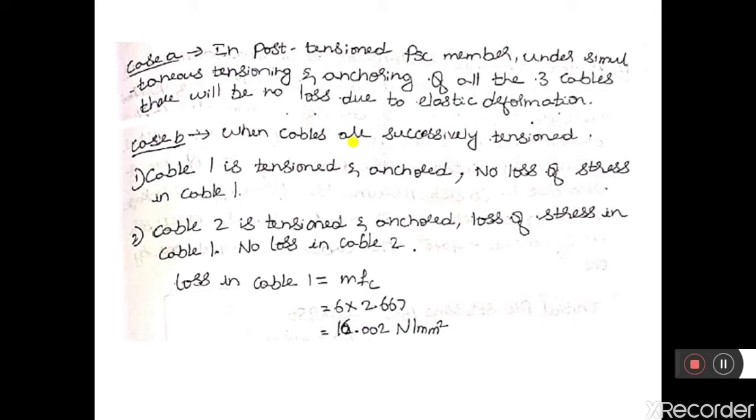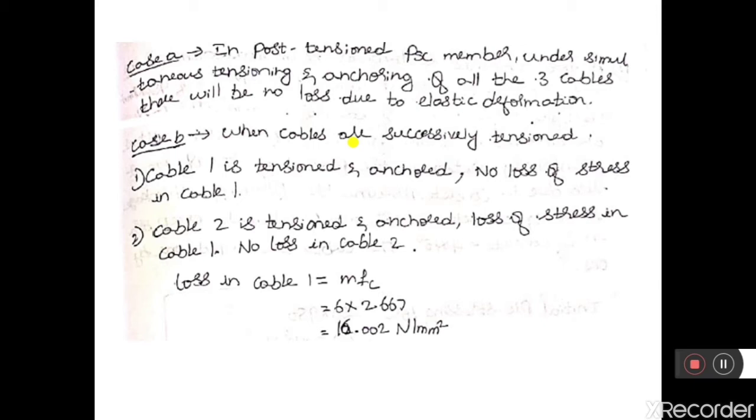Hence, when cable 1 is passed through the ducts, tensioned and anchored, there is no loss. So loss in cable 1 is 0.